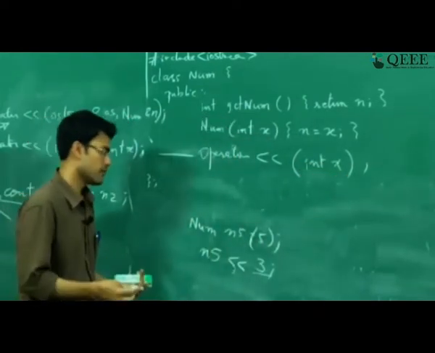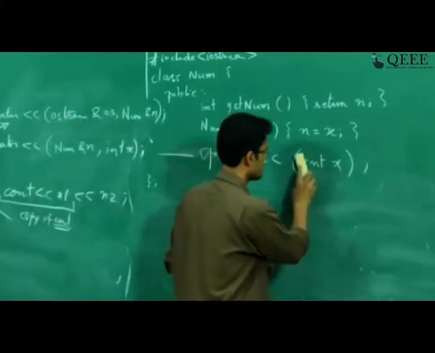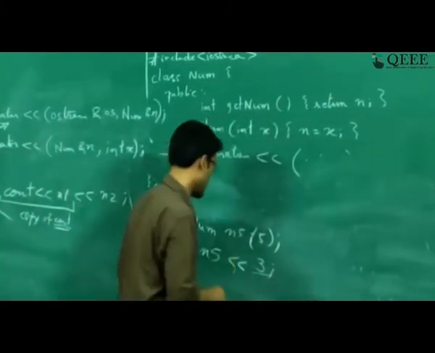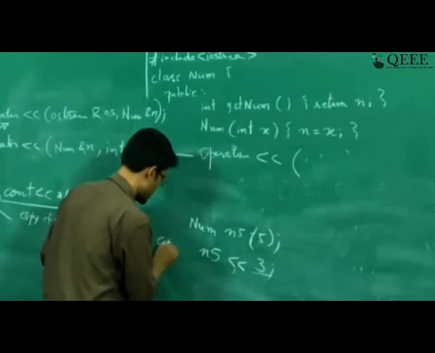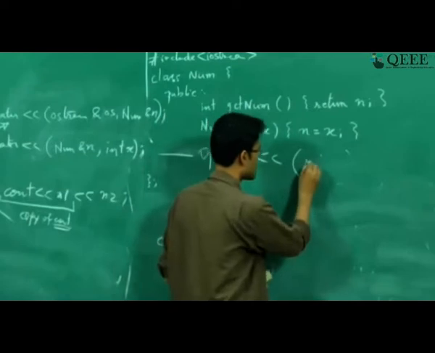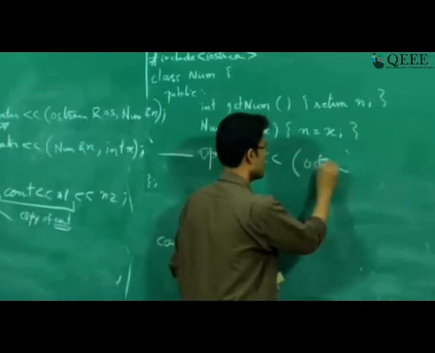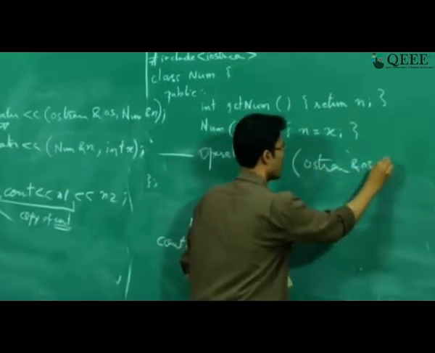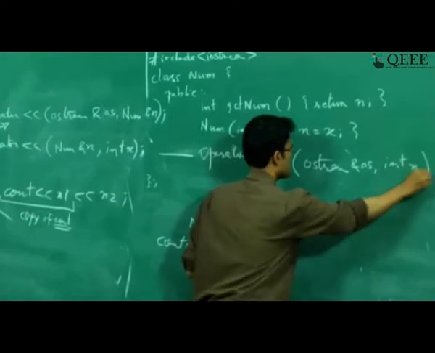If you want this to be something like cout, something related to n5, then I'm going to try OStream followed by int x or something.